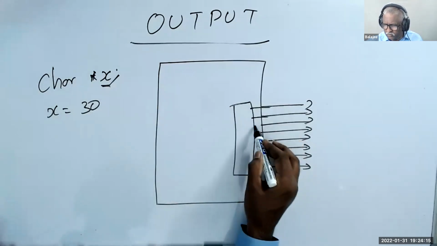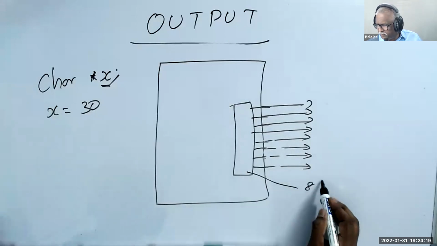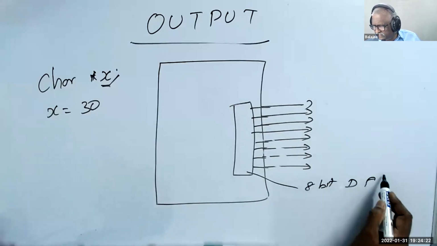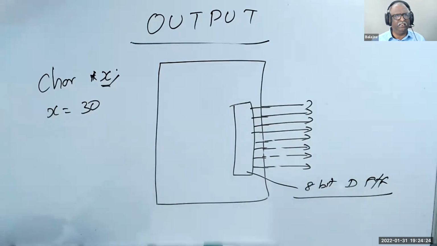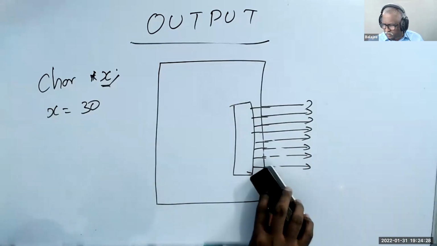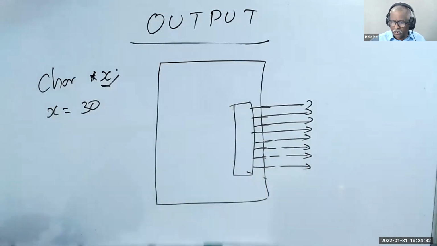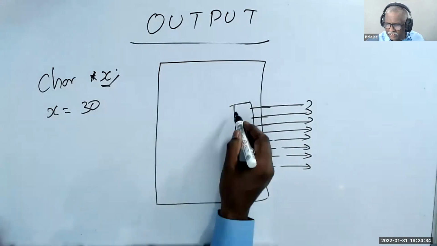The output block, which we'll discuss in coming digital classes, is nothing but an 8-bit D flip-flop. You will understand more thoroughly later. Right now, understand it's a block, and my computing engine knows its address is 30.